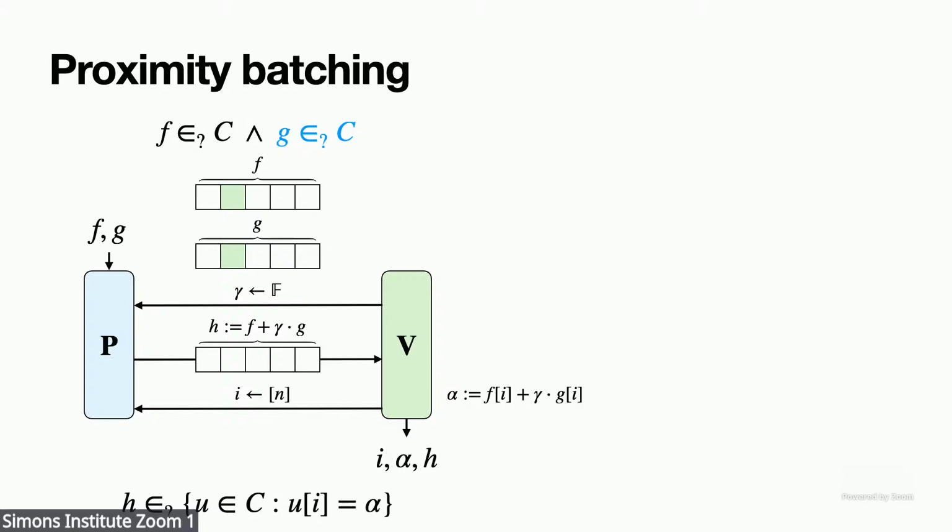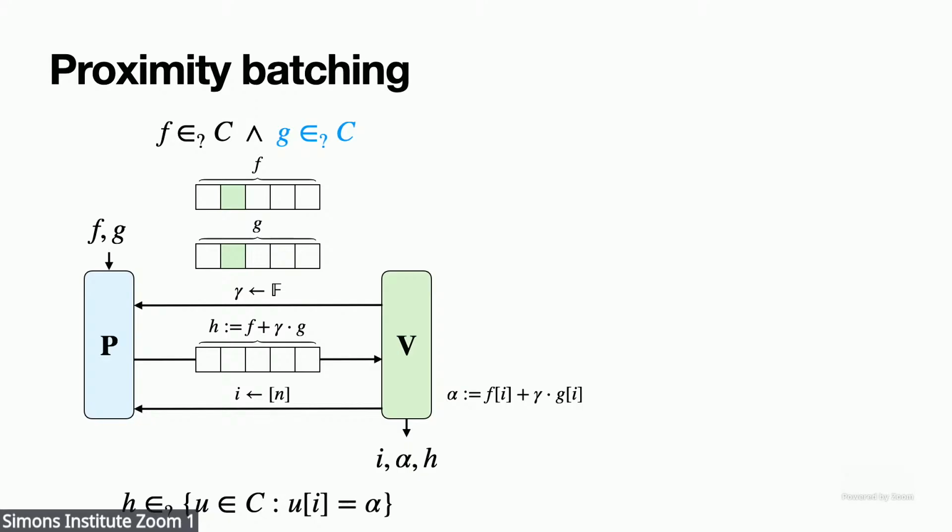I think the other key difference is that in the normal code switching protocol, the prover actually needs to prove this fact to the verifier, whereas in this case we're not proving anything, we're just outputting it as a new claim in the reduction. Okay, go ahead. So why are you outputting it as a new claim? Can't the verifier also just query H?